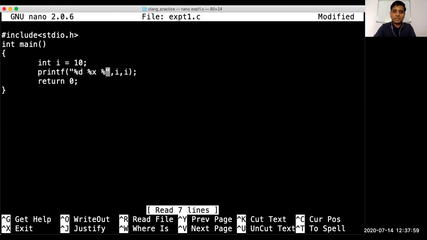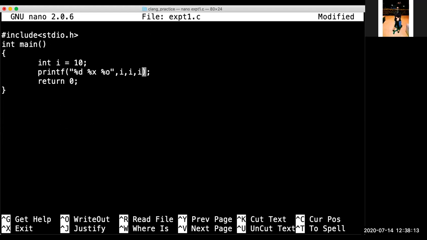Okay, so now next one is. Now the first two, you know, 10 and this is A. Now next one is percentage O. Percentage O means octal. It is an octal number. So what are the octal numbers? Valid octal digits are 0, 1, 2, 3, 4, 5, 6, 7. Up to 7.